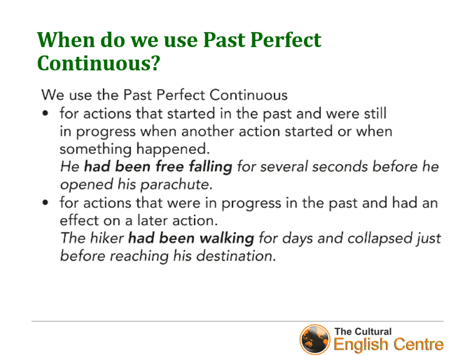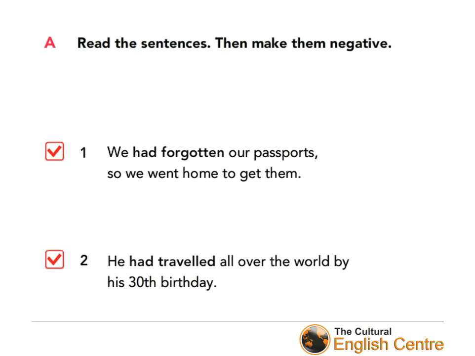If you need to have one more look, pause the video or go back, because now it's time to look at some exercises from your book. Remember, they're on the blue pages. In exercise A, we need to read the sentences and make them negative. We had forgotten our passports, so we went home to get them.